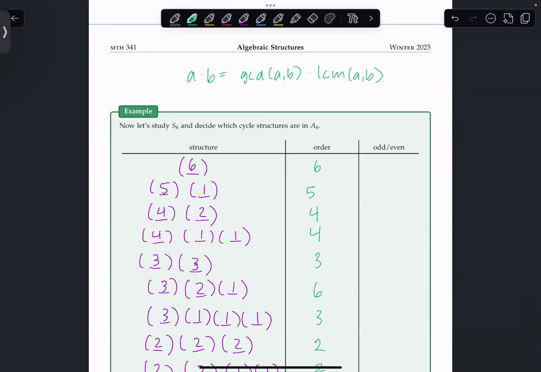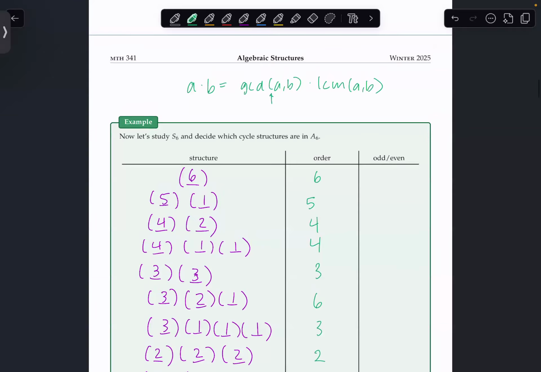So if I know my GCD is 1, then my LCM has to be the product between the two. And in terms of the powers of the primes, for my GCD, am I taking the min or the max? For my LCM, am I taking the min or the max in terms of the powers? Say it louder.